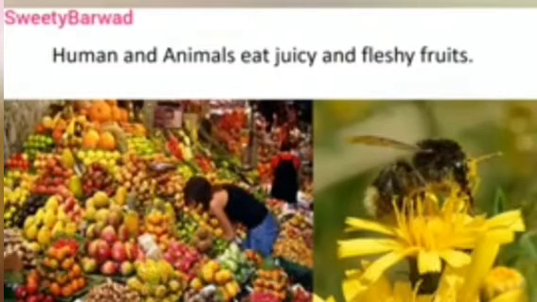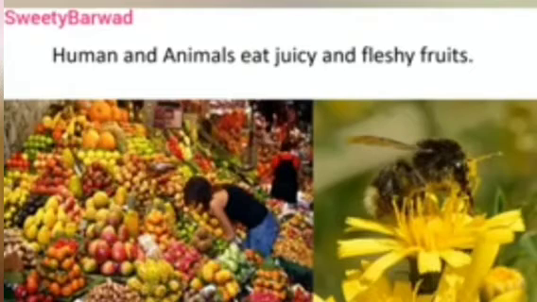Seeds are also dispersed by birds, animals, and humans. Humans and animals eat juicy and fleshy fruits like mango, apple, and watermelon and throw away their seeds. Seeds of plants like xanthium, tiger nail, and spear grass have hooks or spines. They stick to the hairy skin of animals or clothes of humans and are carried away.